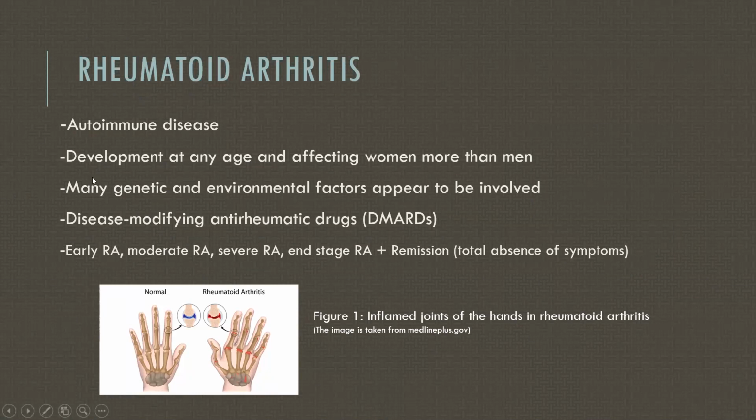Many genetic and environmental factors appear to be involved in this disease. For its treatment, disease-modifying anti-rheumatic drugs are used. This disease has stages: early, moderate, severe, and end stage. There is also a stage called remission, which is the total absence of symptoms.